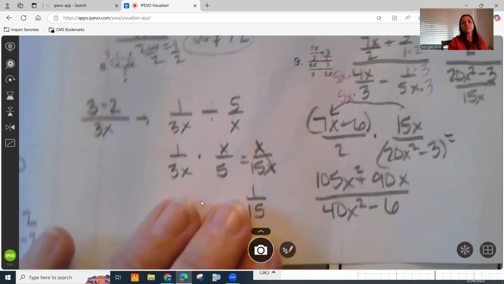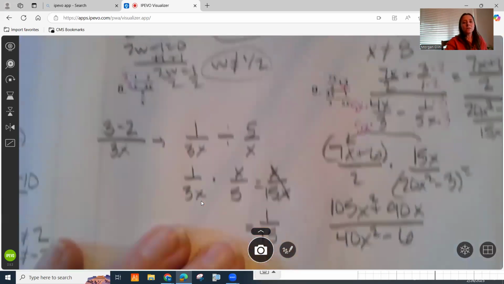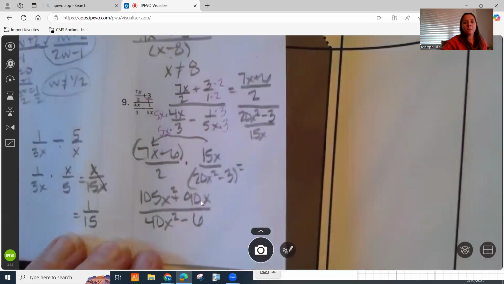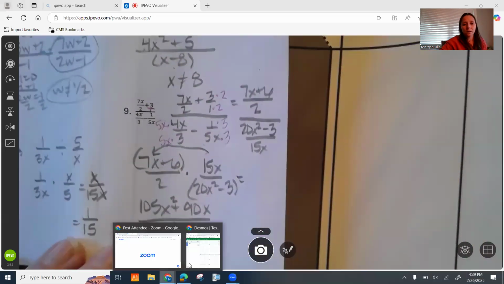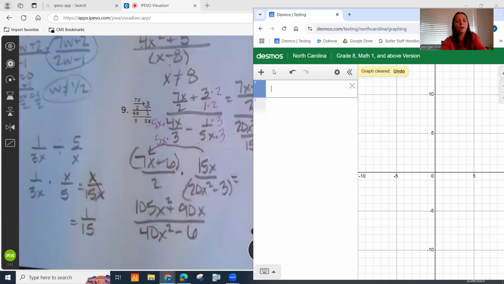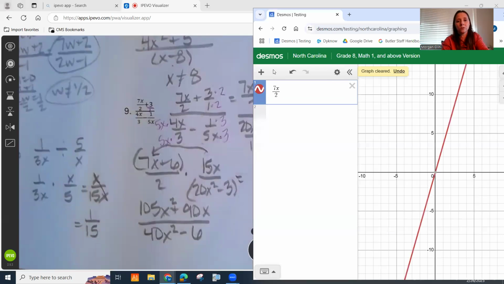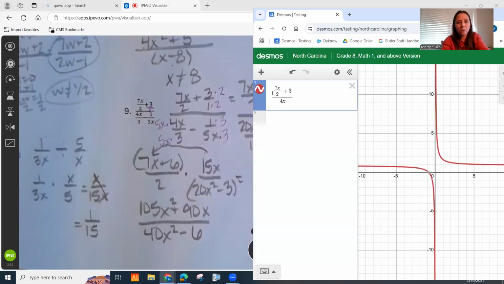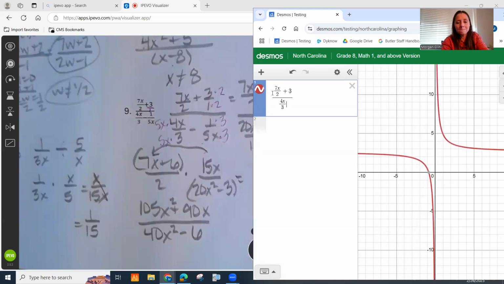Now, again, any of these that just have one variable, we could go graph it. So let me go graph this thing right here. All right, if I put my original in, that's 7x divided by 2, and then plus 3. Now, this entire thing, so I'm going to highlight it, is divided by 4x over 3, and then minus 1 over 5x.